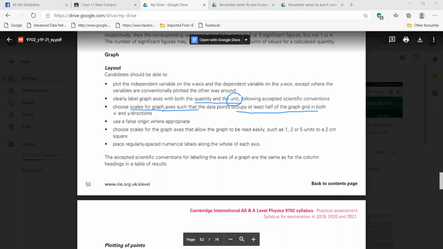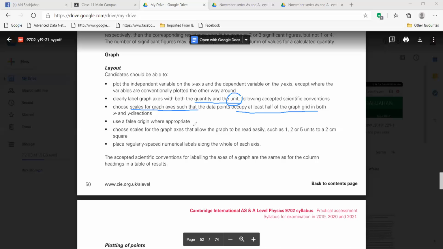Then look, this one, what we are getting in the table, right? For example, you are getting the plottings of distance and time. For example, distance you are getting from 10 meter to 40 meter. Hello, are you getting me, Amina?